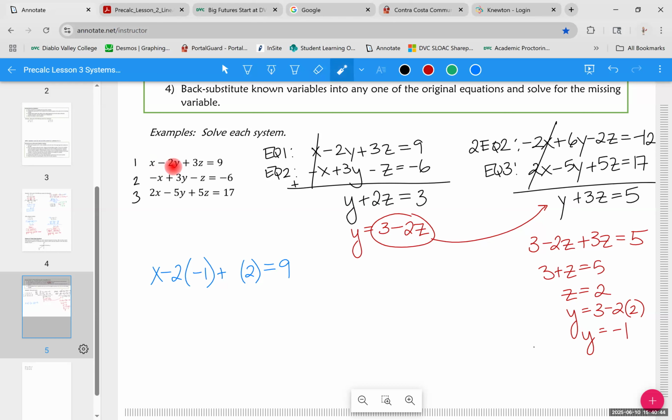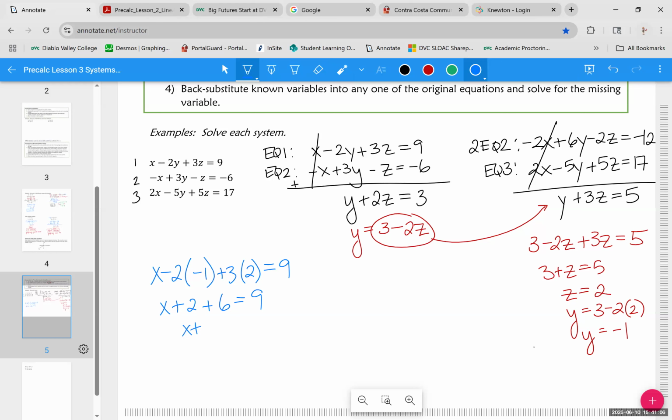It's x minus 2y plus 3z equals 9. It's so easy to make those kind of mistakes, and it's infuriating. So I'm always double checking because I literally can't add or subtract to save my life some days.